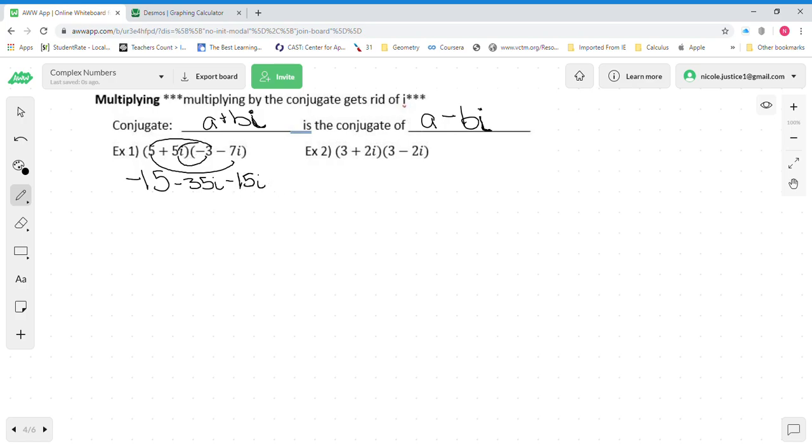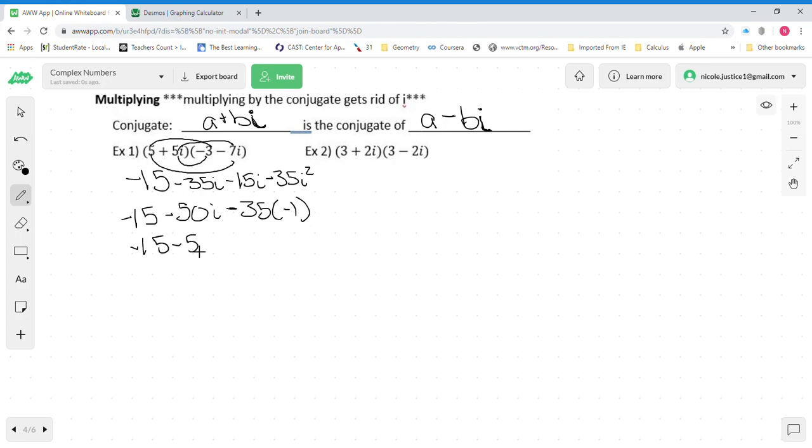And then I'm going to do my lasts. 5i times negative 7i is negative 35i squared. And then I just need to simplify this. So the negative 15 is going to come down. Your middle terms are going to simplify to negative 50i minus 35. Well, i squared is really just negative 1.